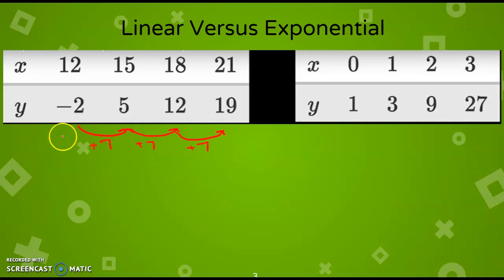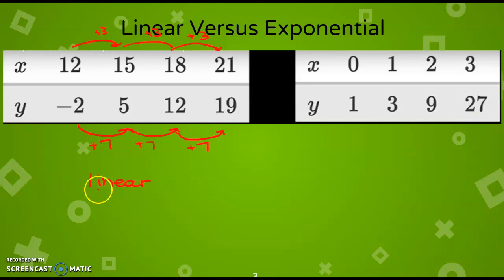So we're adding a constant amount every time, and that's the same thing for the y's. We're going to add 3, add 3 again, and add 3 again. So when we have a constant change in y's and change in x's, we have a constant slope, which makes this linear.